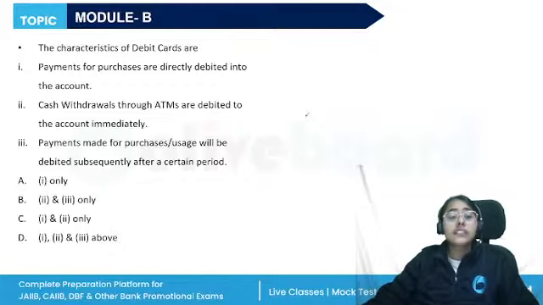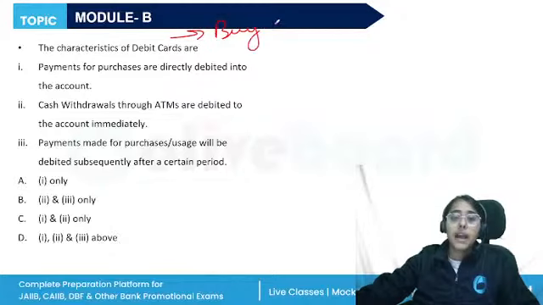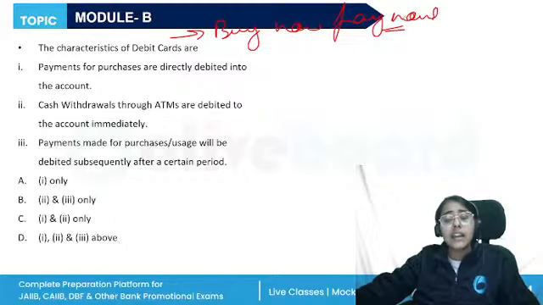Then, what are the characteristics of the debit card? Debit card is based on the concept of buy now, pay now. So no charges or credit is created; it is debited from the account of the customer to which the debit card is linked. Immediately, the amount will be debited for any payment. So the payment of purchases is directly debited to the account.